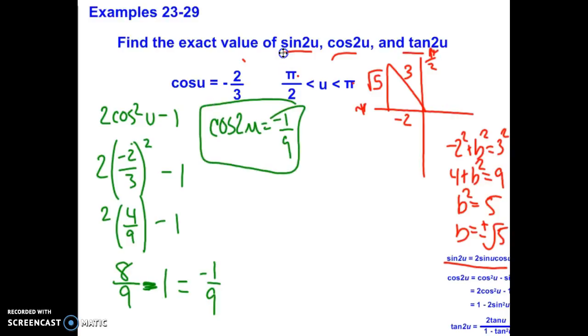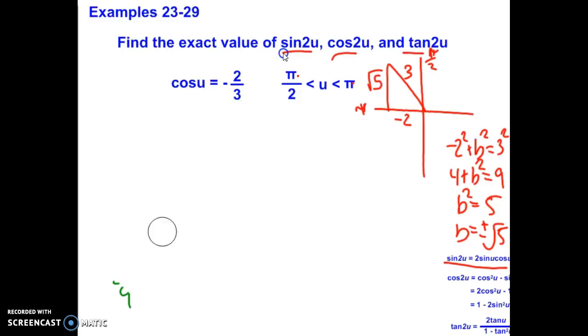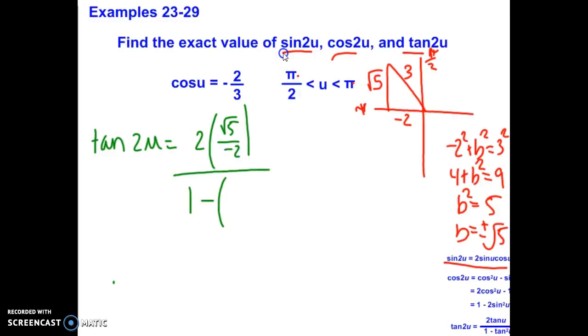Now I'm going to do the tangent. The tangent happens to be just one singular formula. So the tangent of 2u is going to be twice the tangent value, which is opposite over adjacent, over 1 minus the tangent value squared, which gives me 2 root 5 over negative 2 over 1 minus 5/4.